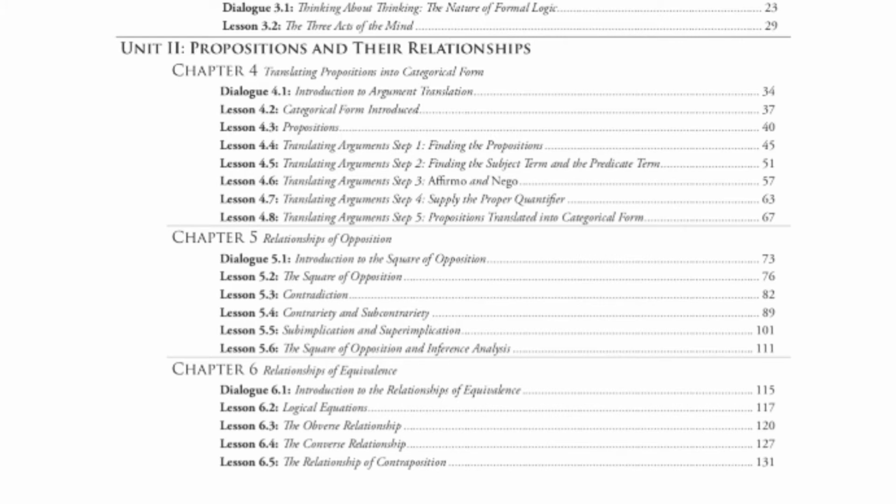First, we're going to be getting into translating propositions into categorical form. Then we're going to be talking about the relationships of propositions and how they are opposed to each other. And then we're going to be talking about relationships of equivalence and how we can take one kind of statement and restate it so it's saying the exact same thing, but perhaps more clearly in some way.